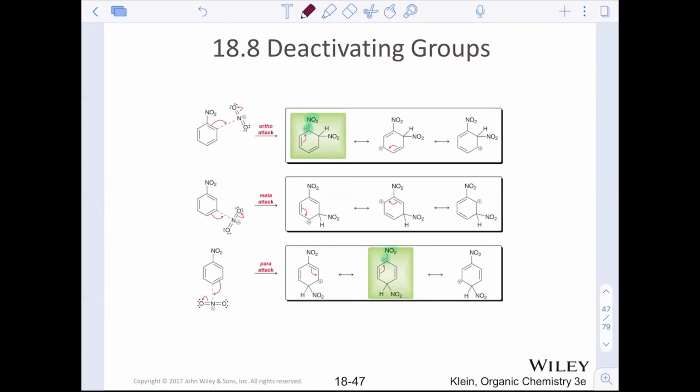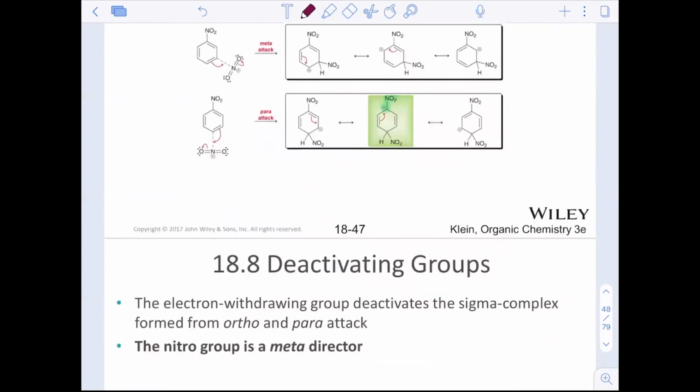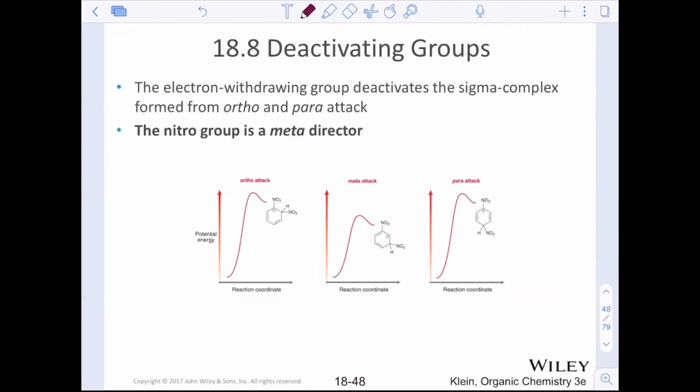Right? We only want that carbocation adjacent to our substituent when it actually is a donating group, not a withdrawing group. So the electron withdrawing group deactivates the sigma complex formed from the ortho and the para attack. So we do see that the meta reaction coordinate diagram has a lower in energy sigma complex.